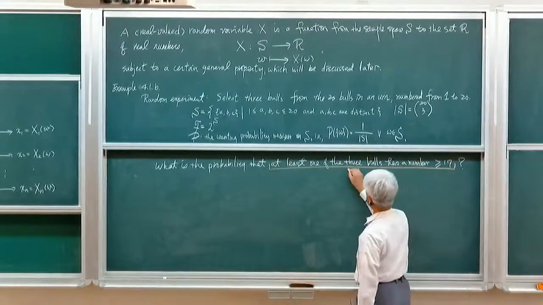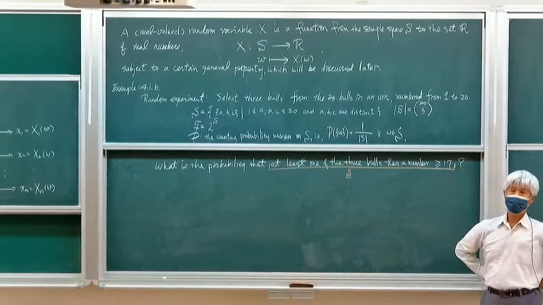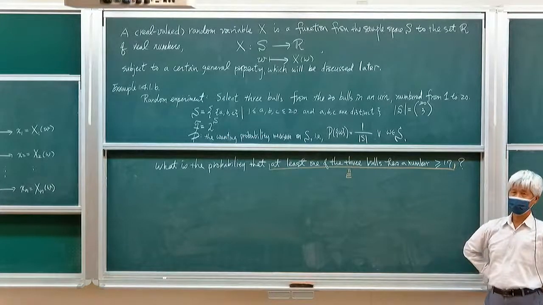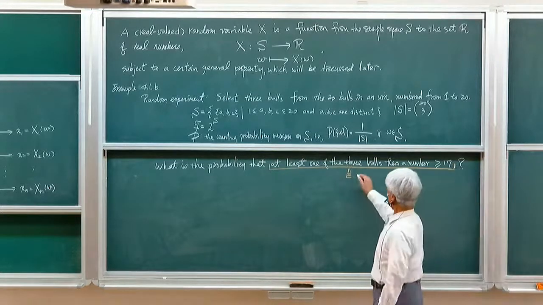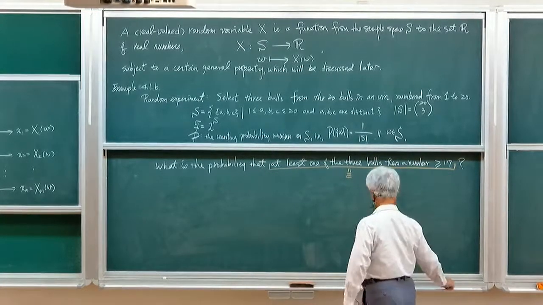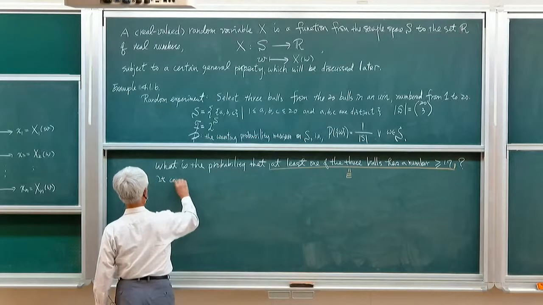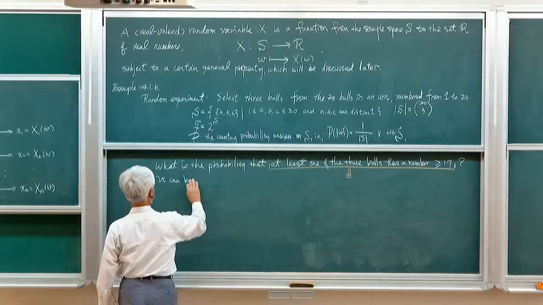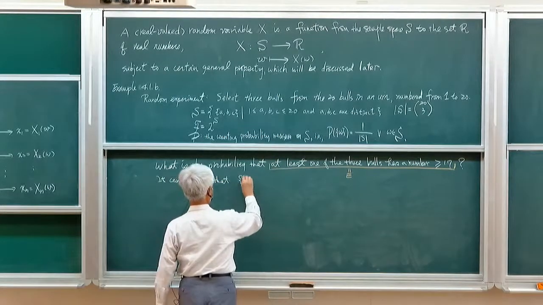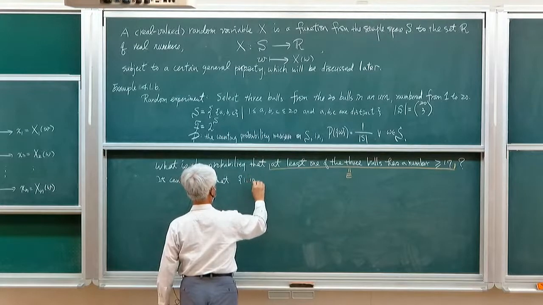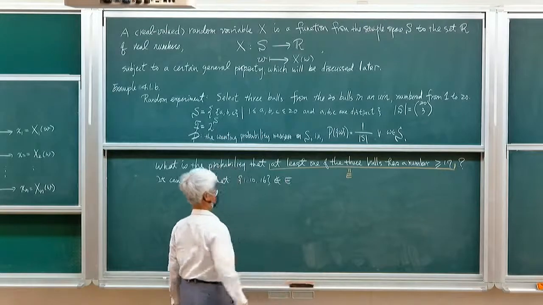Okay, so this is the event E. It can be seen that this outcome 1, 10, 16 is not in this event.